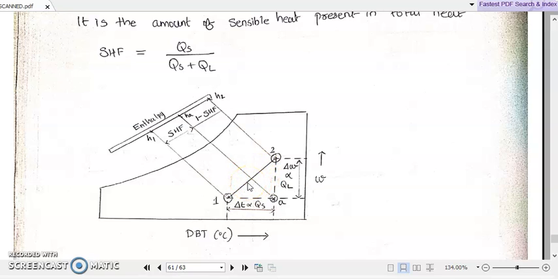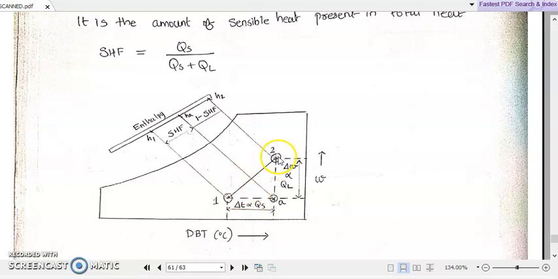How can we find the sensible heat load? Sensible heat load is mainly associated with the temperature change, or the dry bulb temperature change. For finding out the sensible heat load happening during the process 1 to 2, find out the temperature change, or the delta T, the dry bulb temperature change happening during 1 to 2.